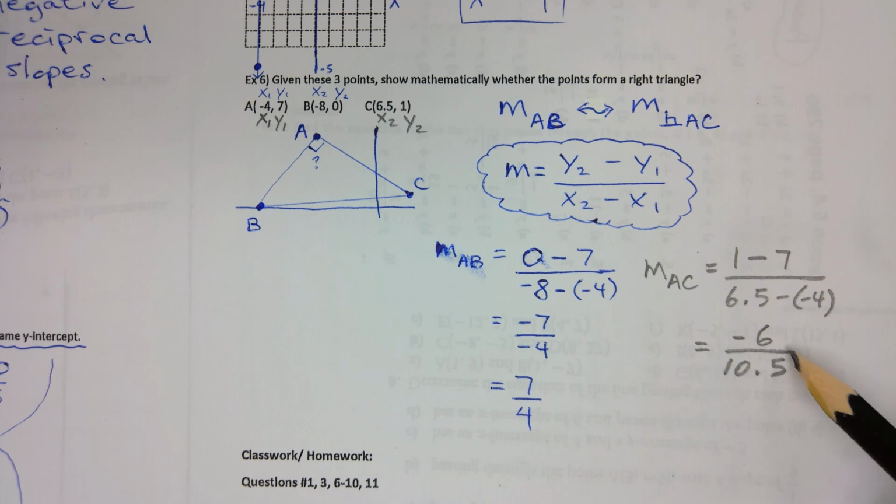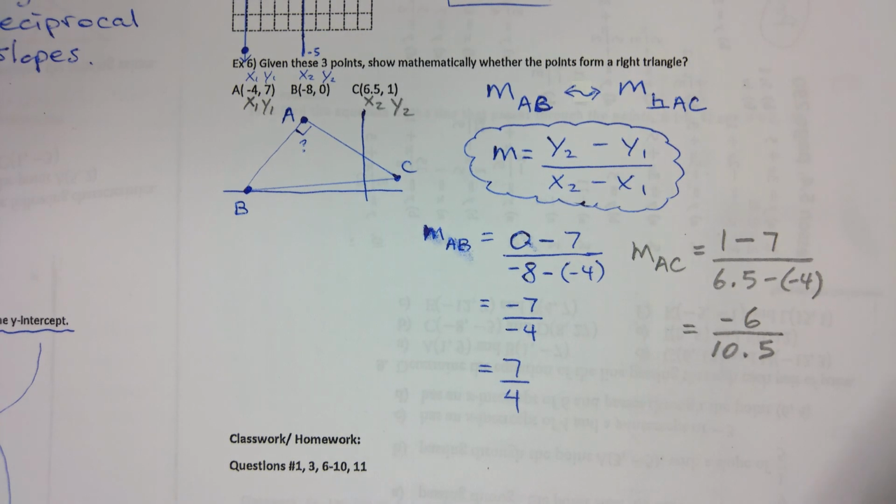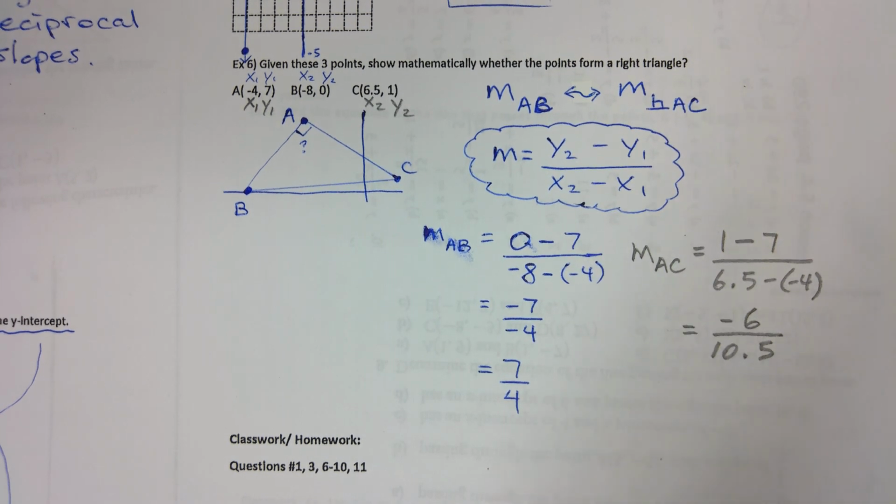Alright, so how can I convert this so that it's an integer over another integer? Yeah. Divide the top and the bottom by 1.5. Okay. Alright, normally people won't see that I can do that with 1.5.